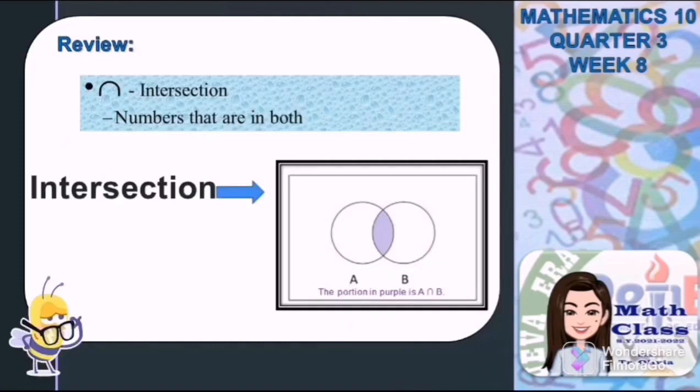What do we mean by intersection? Intersection contains elements that are present in both set A and set B, meaning these are the elements that are common in both sets.